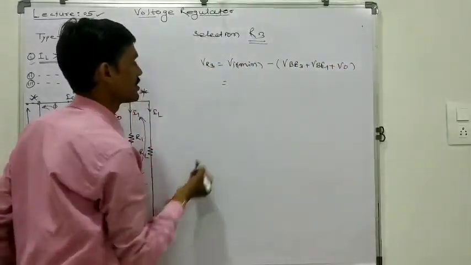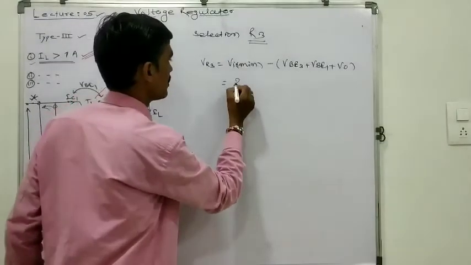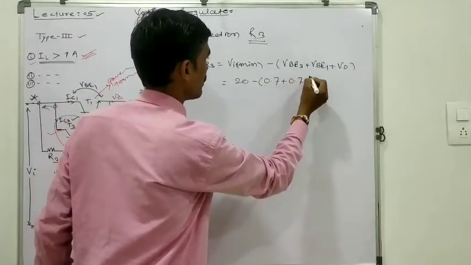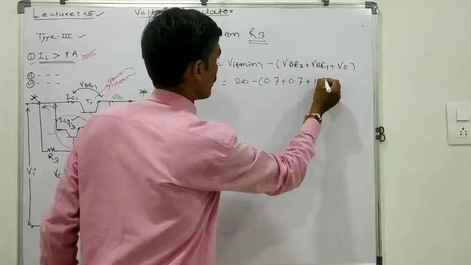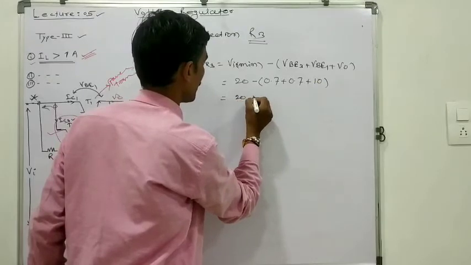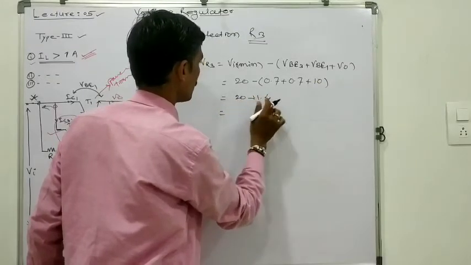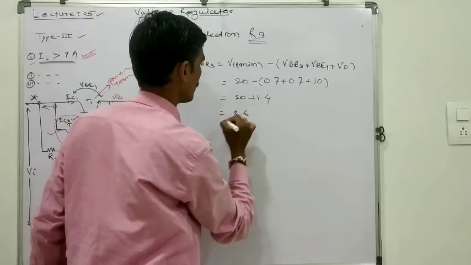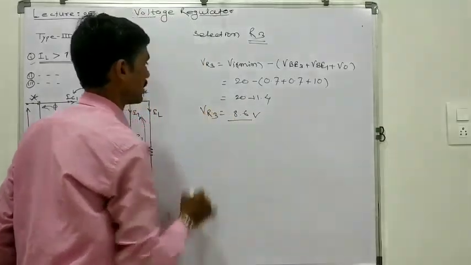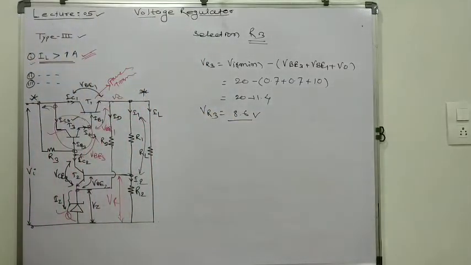VI minimum is 25 minus 5, so it is 20, minus (0.7 plus 0.7 plus 10 volt). So it is 11.4. So 20 minus 11.4 is 8.6 volt. So VR3 is 8.6 volt.